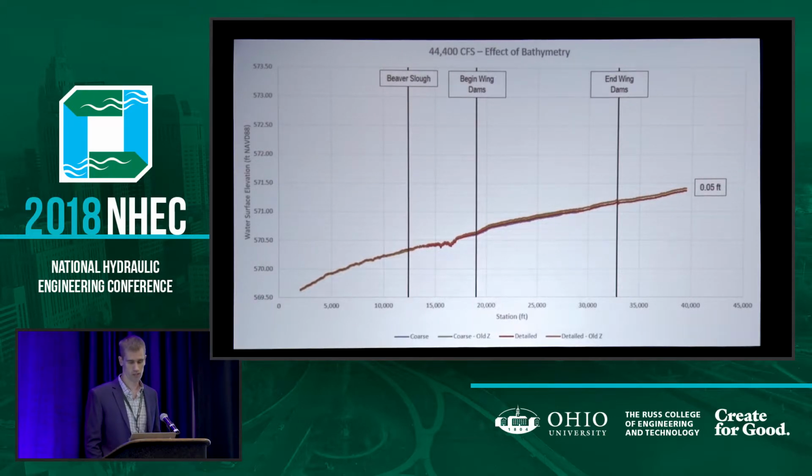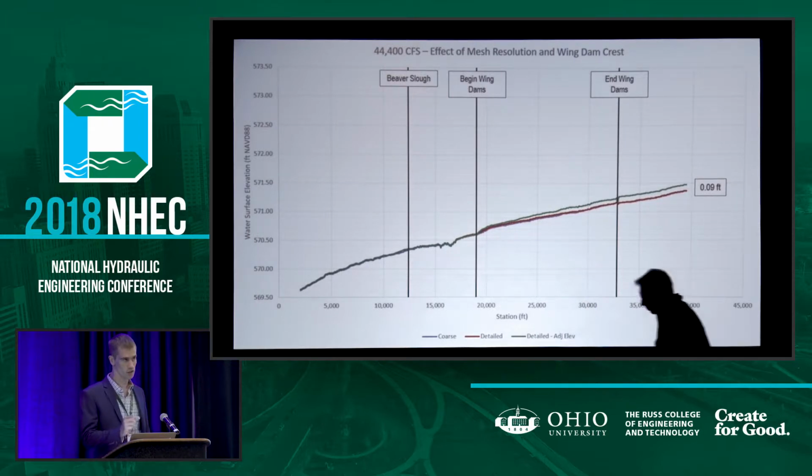Not much difference in water surface elevation, I would say, for this much of a reach, 0.05 of a foot maximum between them. And between the coarse and detailed mesh, there was virtually no change. So that's just due to the bathymetry differences.